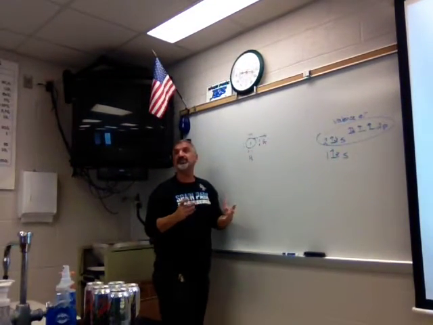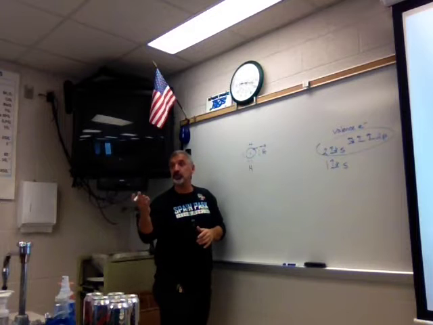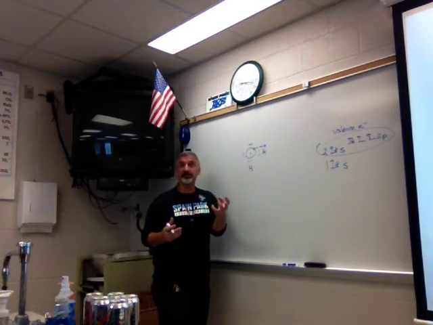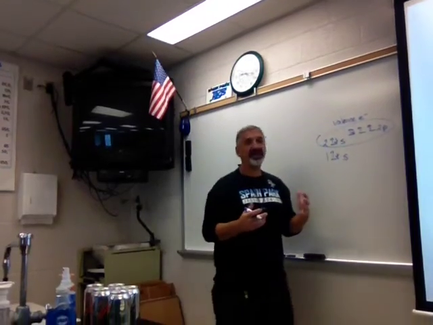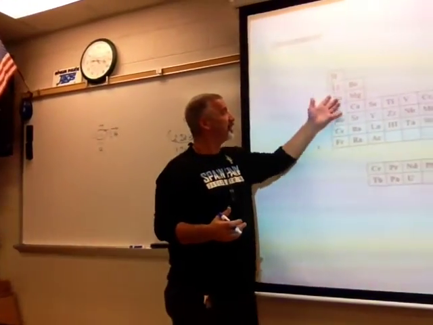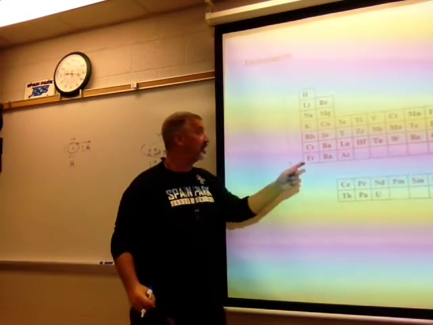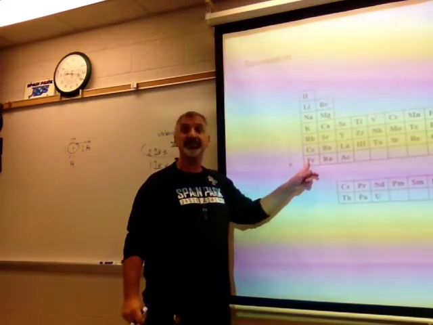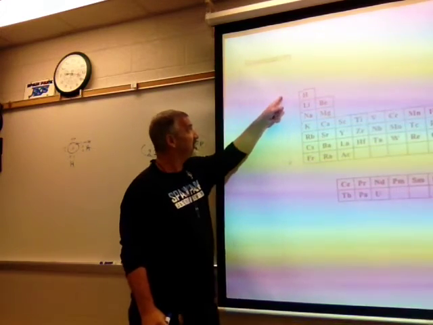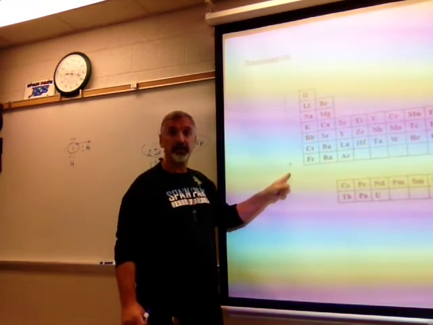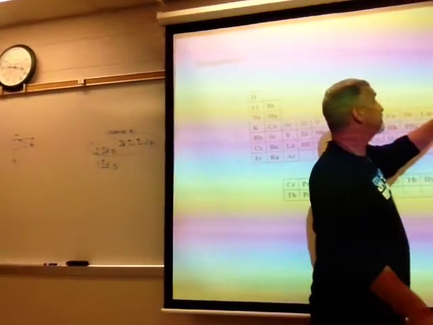It's a scale from 0 to 4, 4 being the strongest attraction, 0 being no attraction. Among the metals, the bigger the atom, the less attraction it's going to have. Francium has the absolute lowest electronegativity. Electronegativity decreases going down. It increases left to right.